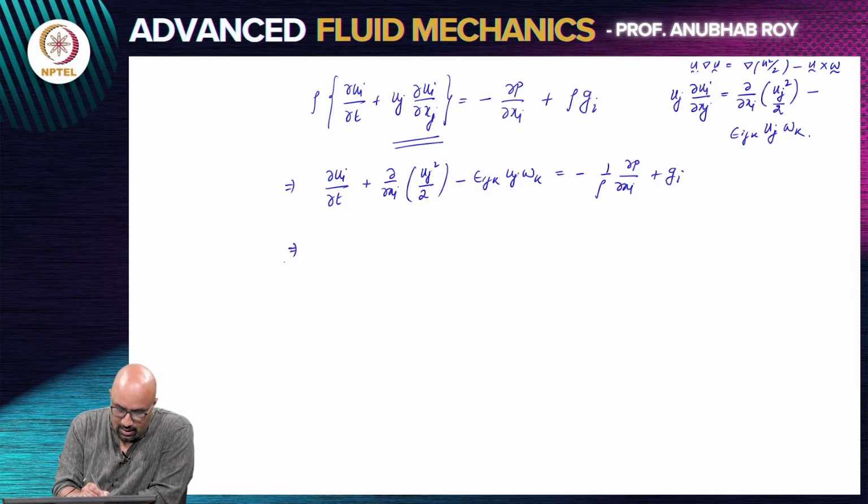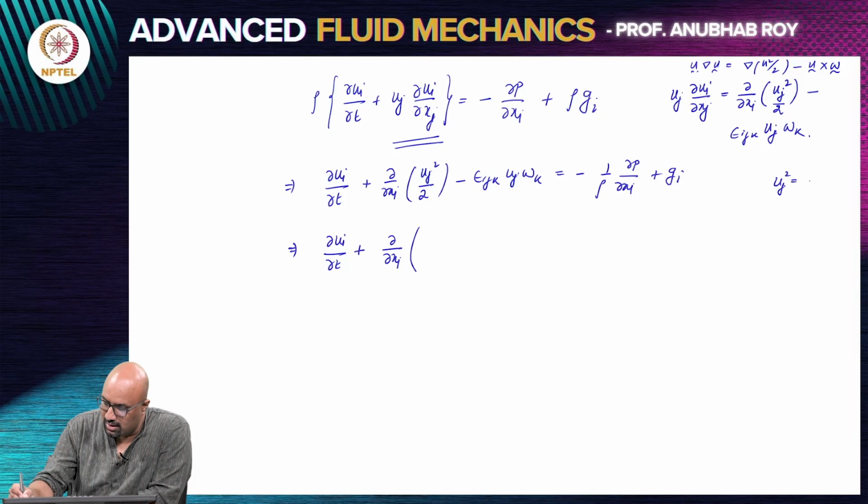So I can further write this as ∂/∂x_i of u_j squared; I'll write it as u squared, the magnitude u basically being the magnitude of the velocity.